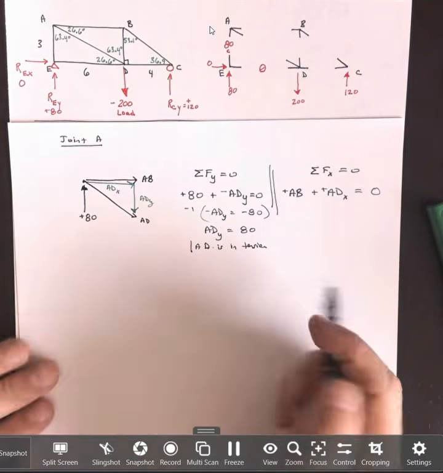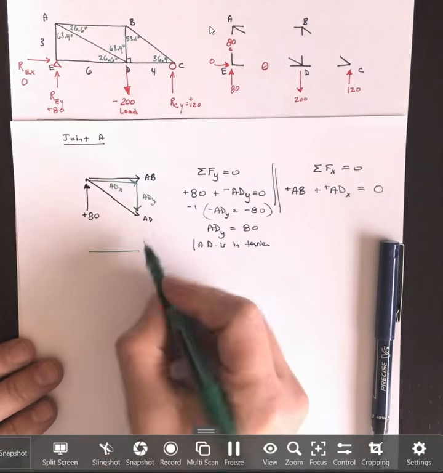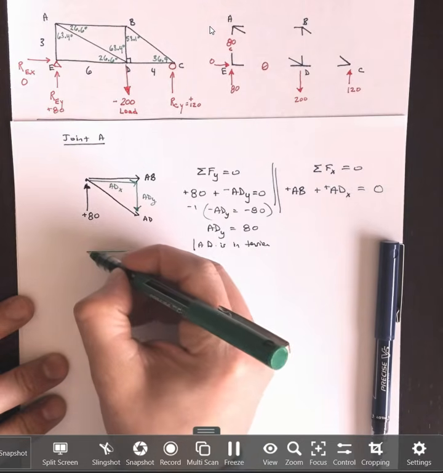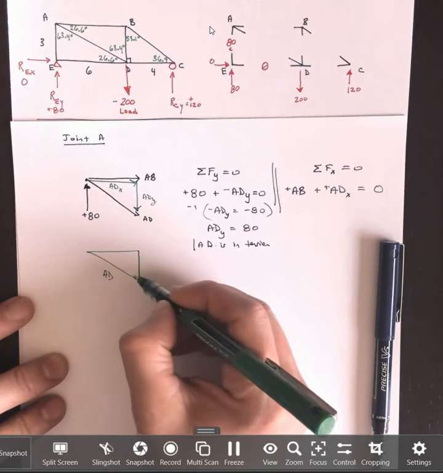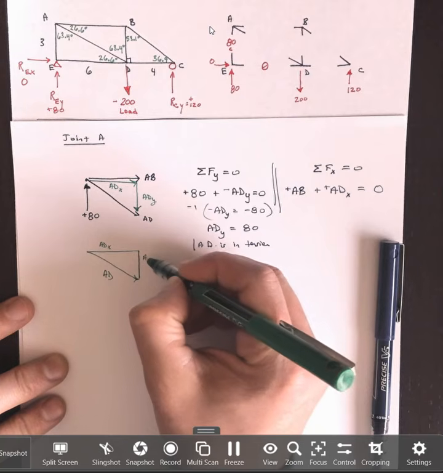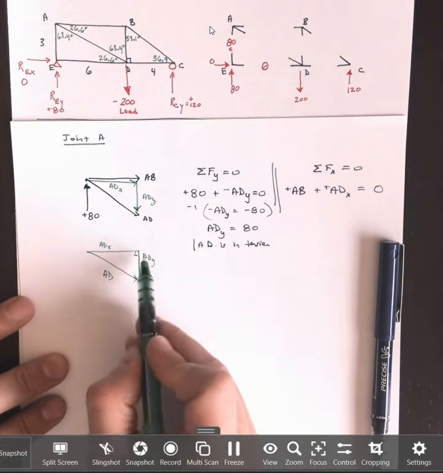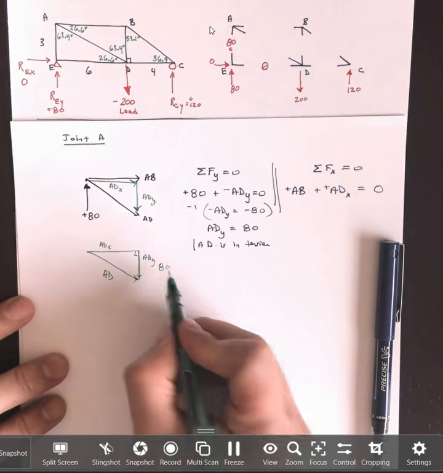Okay? We actually want to know AD. So let's draw, just so it's a little off to the side from all that, this right triangle, which was formed by AD, ADX, and ADY. And we just found out that ADY right here is 80.